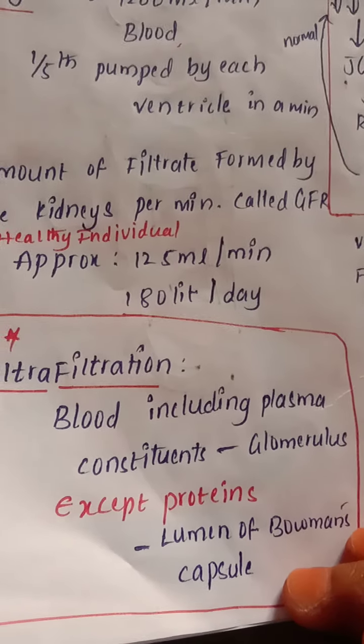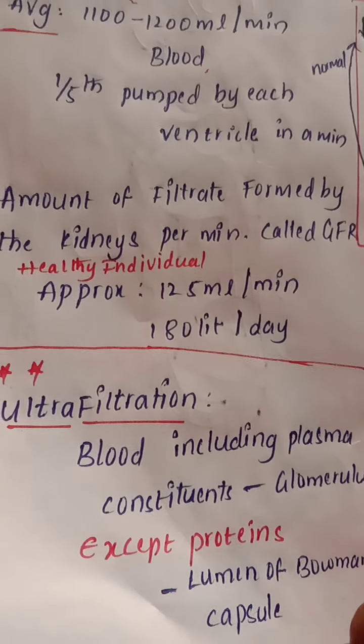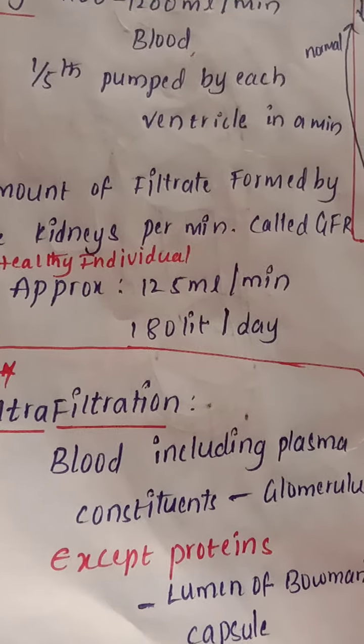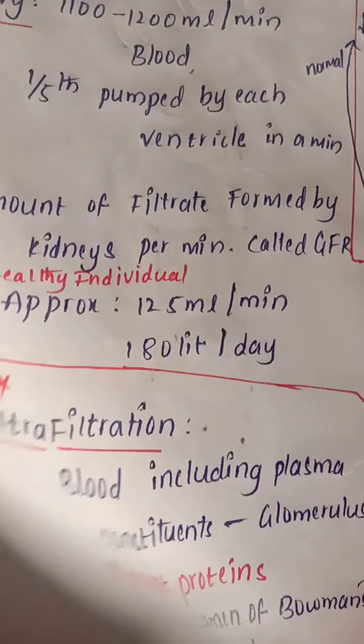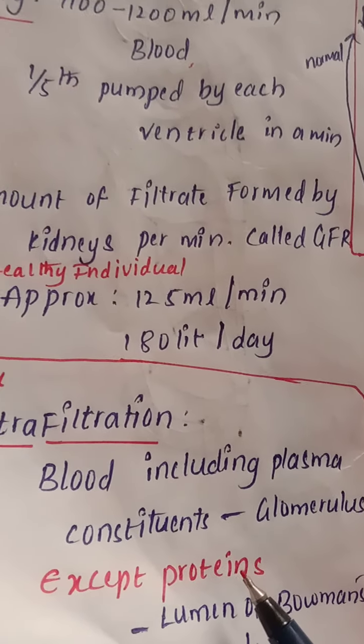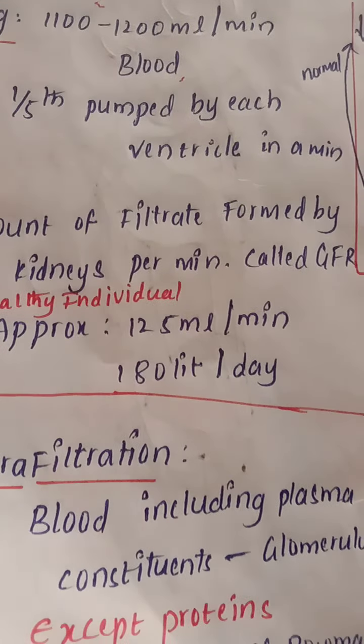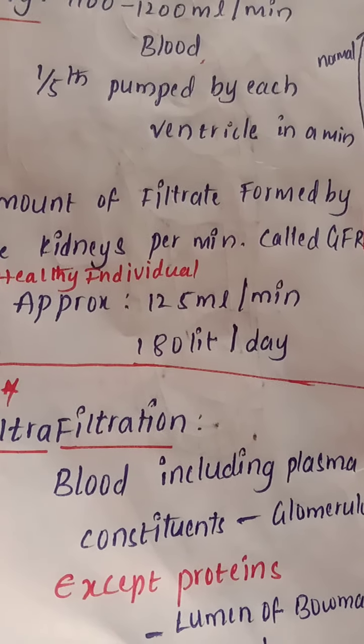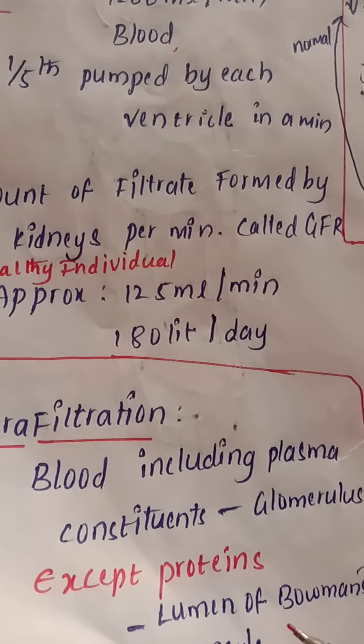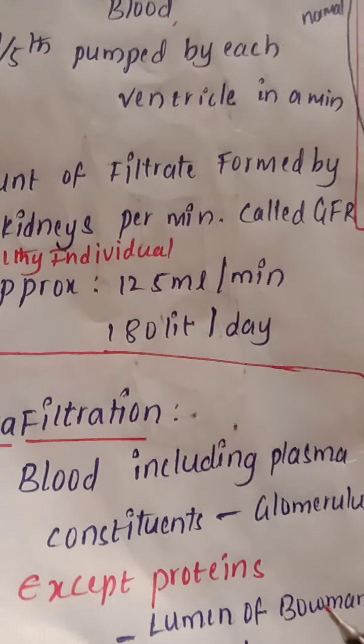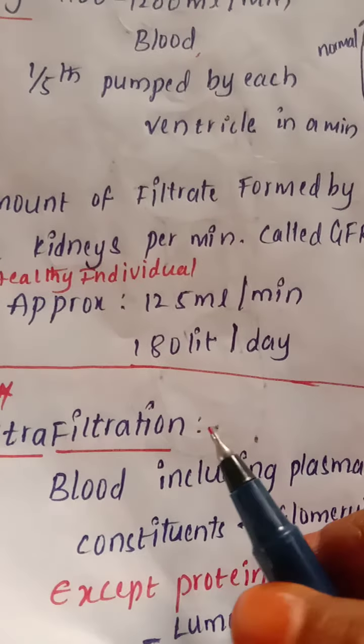The blood, including plasma and all its constituents, can be filtered by the glomerulus except proteins. Why except proteins? Because of their large size, they can't filter through the glomerular capillaries, and they pass directly through. So it is called ultrafiltration.